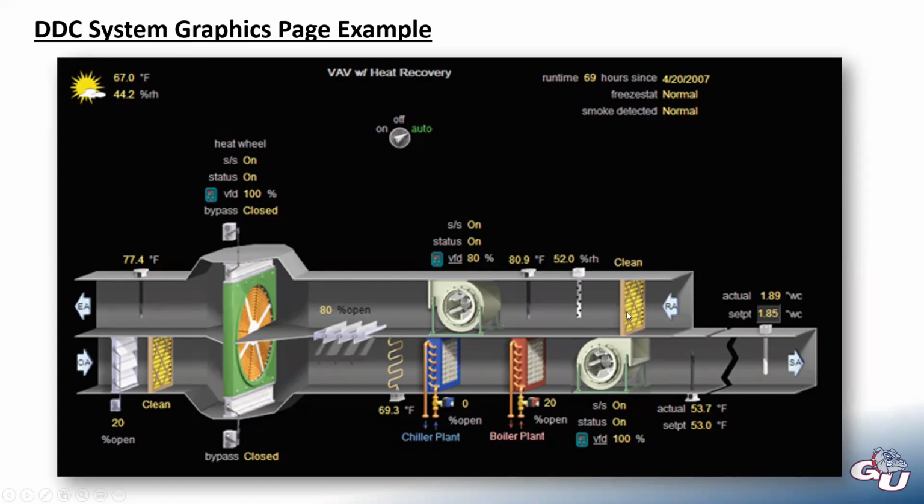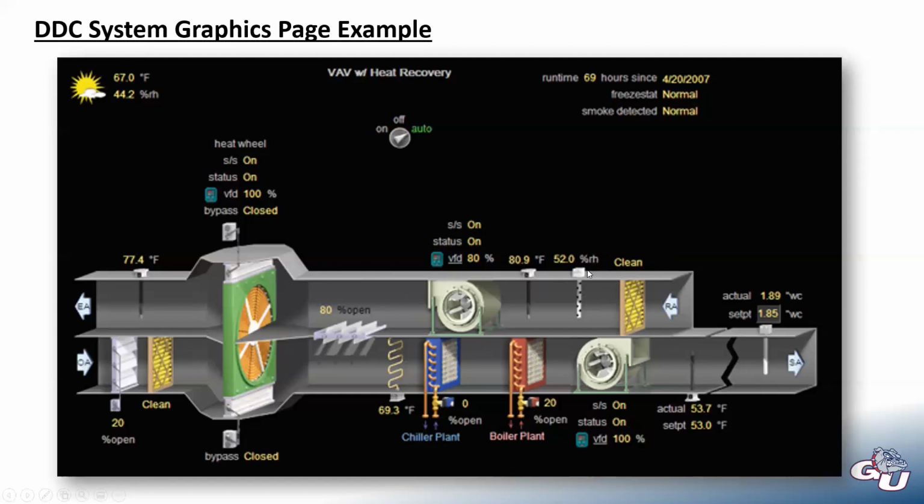And as the filter builds up with dirt and lint and everything, the pressure across the filter will start to increase. You set a point where if the pressure across my filter reaches this amount, it tells me my filter's dirty. And then as soon as you change your filter, the pressure drops again and it tells you it's clean.